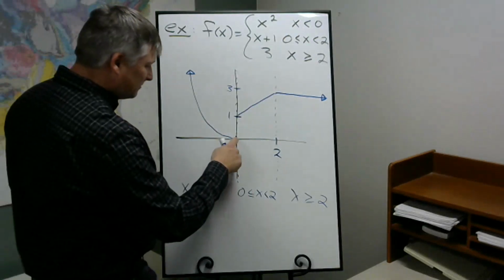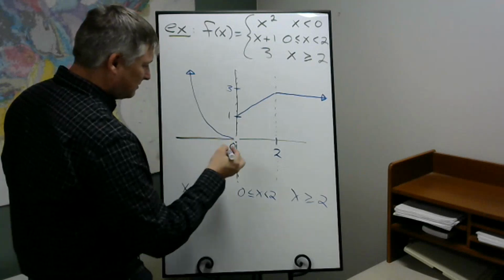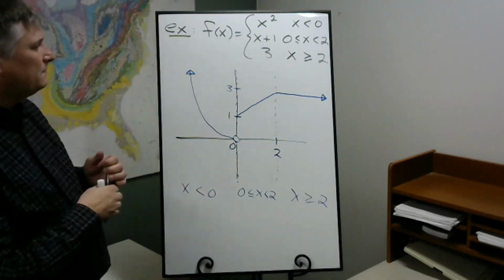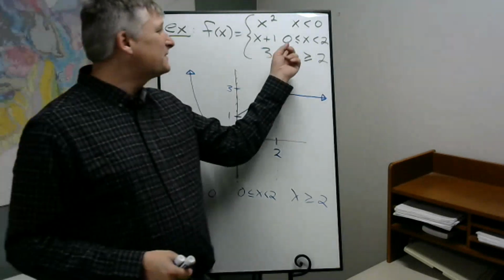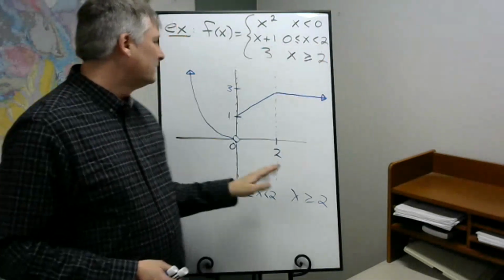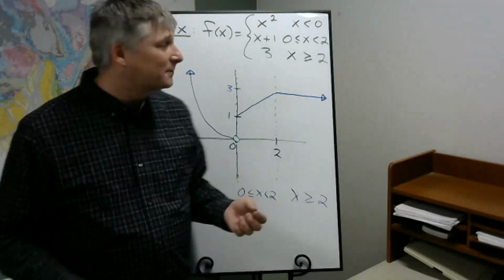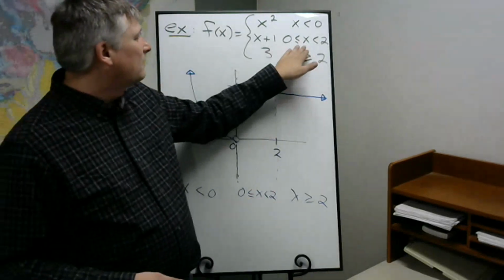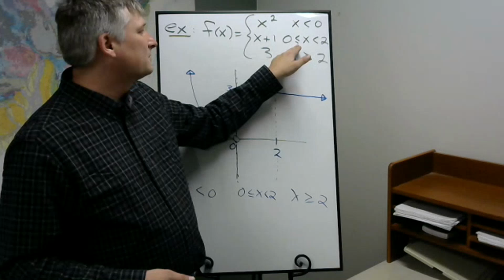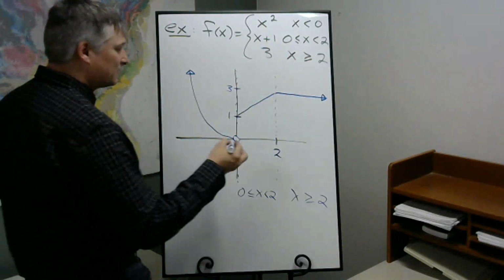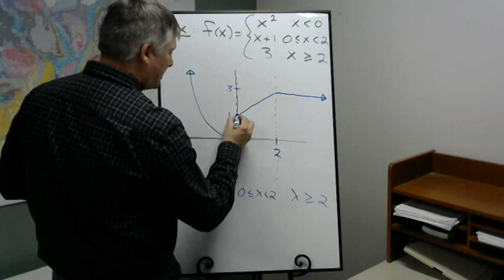So at x is 0, we have an open dot. Now, if we take a look at the second phase, though, and that's this line. This line describes the relationship in the second phase. We do see that in the second phase, x does get to be 0. So that means we have a closed dot.